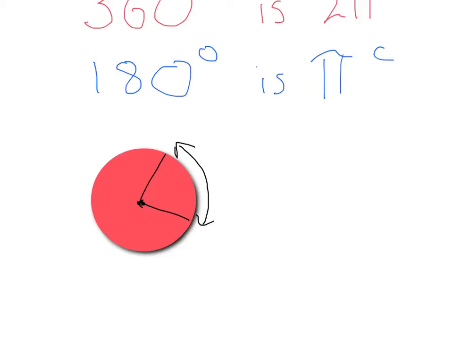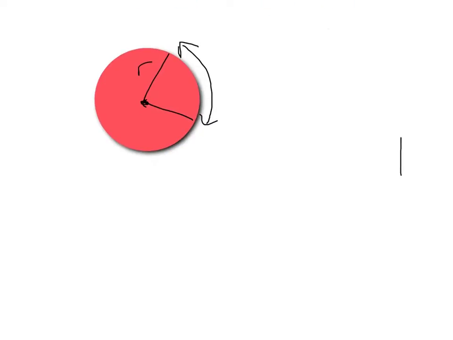When you had degrees, you'd have a radius of r, you would find the circumference of the whole circle, and then you would find the section that you wanted.